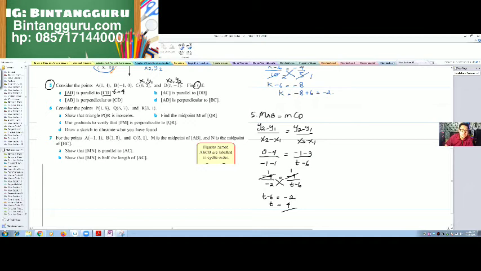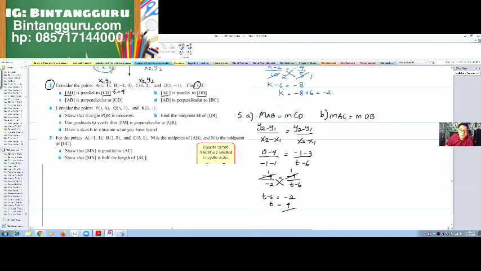Okay, and for B, so this is 5B, AC is parallel to DB. So we have to find the gradient of AC parallel to the gradient of DB. AC is x1, y1, and x2, y2.